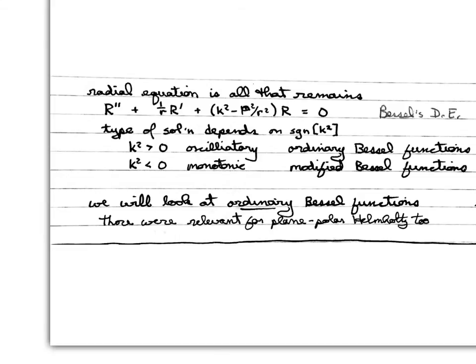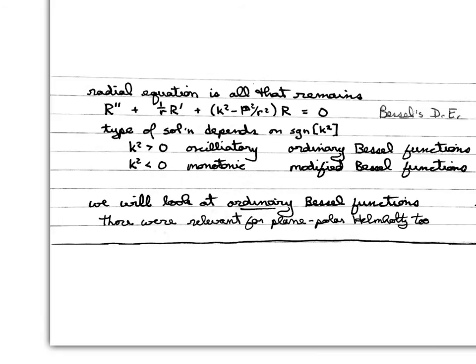But once again, just as with the z equation, we note that the type of solution depends on the sign of k squared, whether k squared is positive or negative, because of course it's the same k squared we were discussing before. If k squared is greater than 0, the solutions oscillate, and they are known as ordinary Bessel functions.